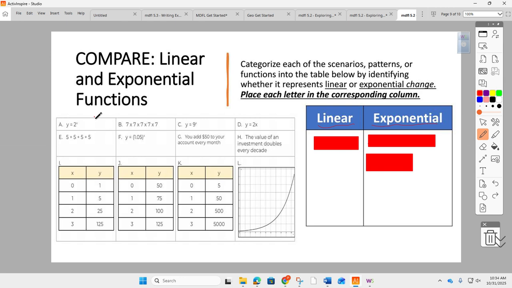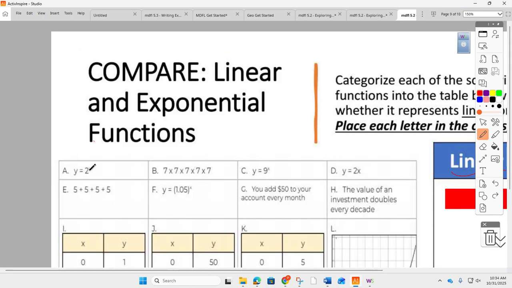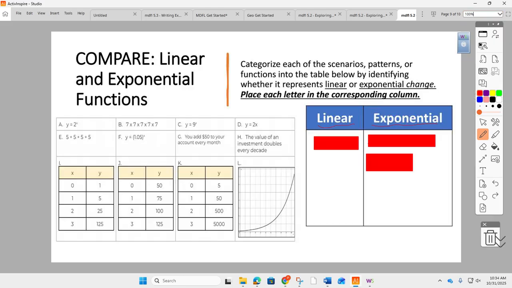So for A rather, y equals 2 to the x power, that's an exponential function. Does that make sense? See if you guys can categorize them. Look through and put the letters for all the linear equations here, all the exponential equations on the right, and then we'll check them.